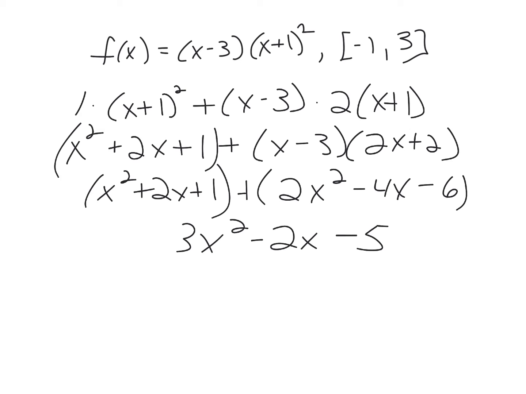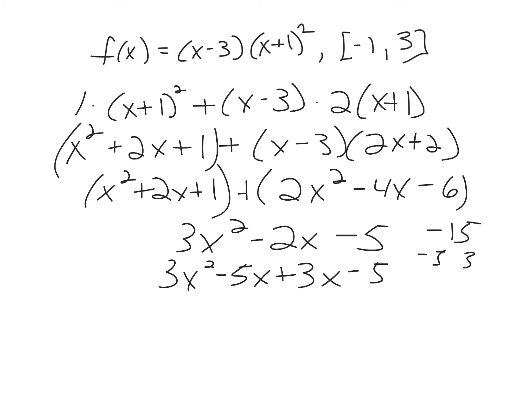Okay, use our AC method. A times c is negative 15. The factors of negative 15 that add up to negative 2 are negative 5 and 3. So we substitute in 3x squared minus 5x plus 3x minus 5.